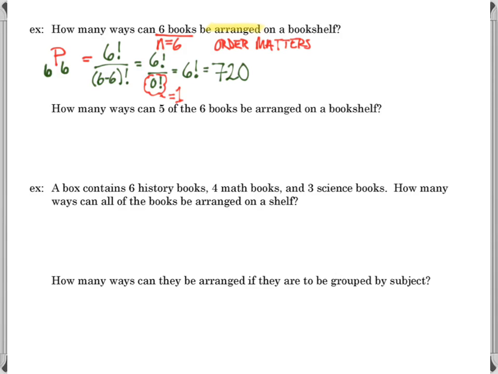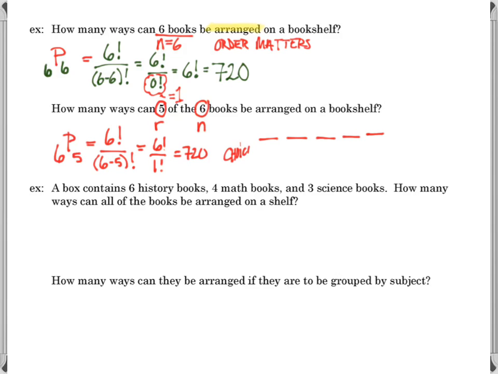There's 720 ways that would work. For the next one, I have 5 of the 6 books arranged. So from the 6, I'm picking 5. Again, I just plug through my permutation, and I get the same answer. Basically, once you've picked 5, you are implicitly picking the 6th because you have only one book left. So it's the same ordering as we'd have for all 6 books.